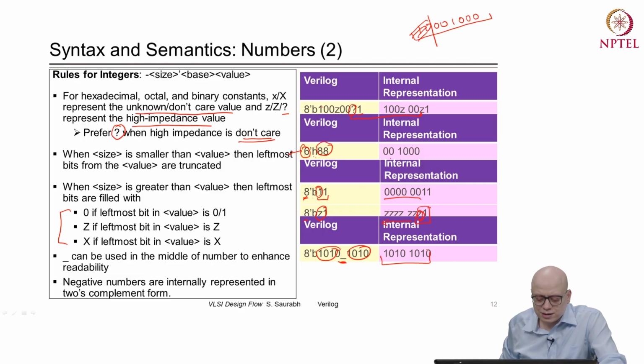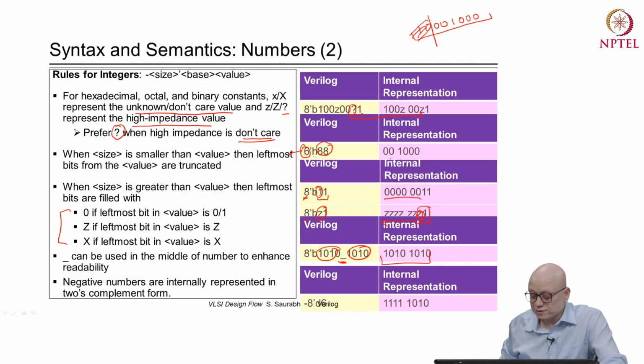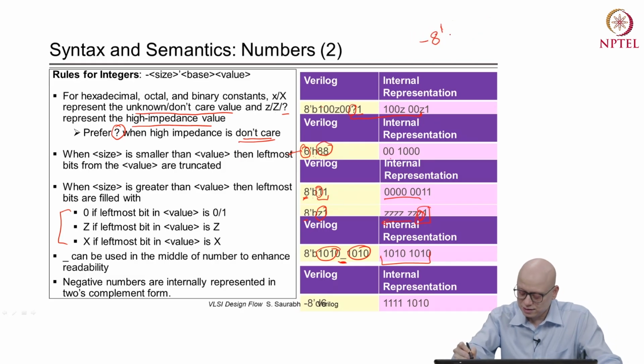Now, negative numbers are internally represented in 2's complement. For example, if the number is say minus 8'd6, and we want to represent it in 2's complement, first we have to take the binary equivalent of the number 6, which is 110, and the size is 8 bits, so we have to pad the number to make it 8 bits.